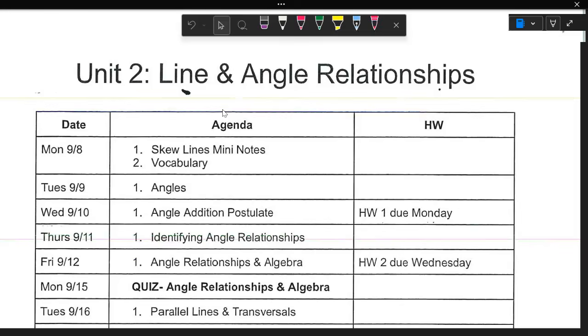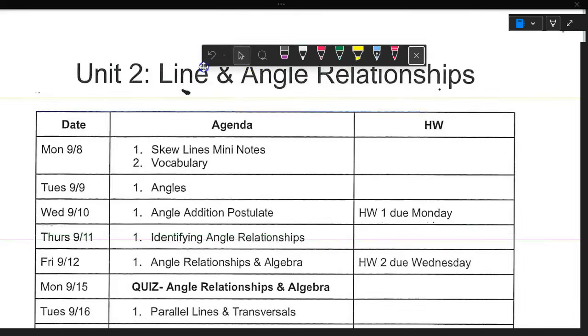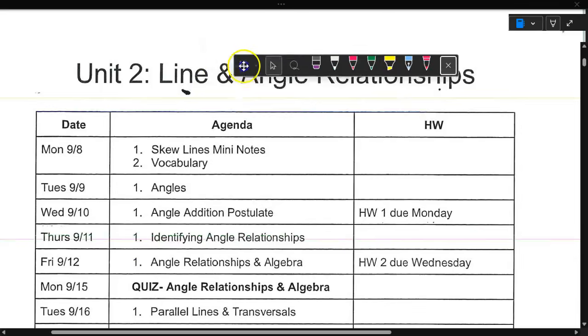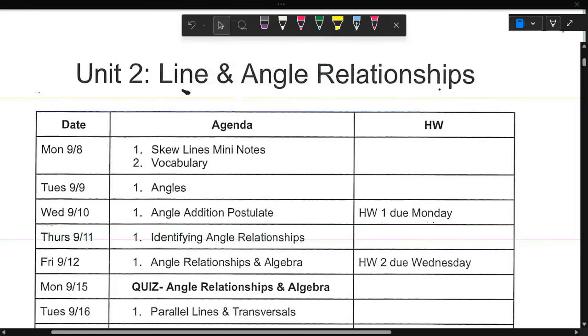Notice how our first homework is going to be due next Monday. We'll start it on Wednesday and it'll be due next Monday, the 15th.